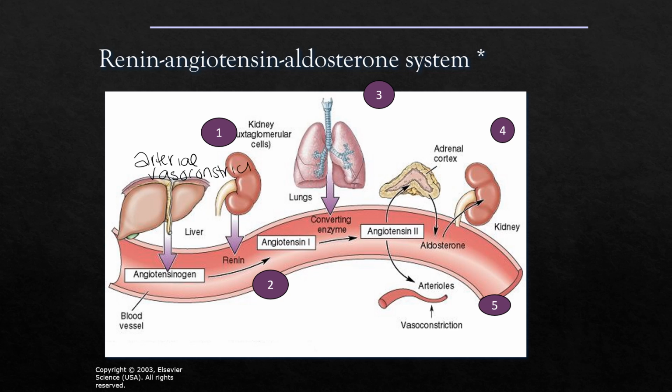That arterial vasoconstriction means there's going to be decreased blood flow going into the kidney, or decreased GFR. As a result, renin gets released, and that renin is now able to convert angiotensinogen coming from the liver into angiotensin 1. The lungs release ACE, the angiotensin converting enzyme, and ACE will now convert angiotensin 1 into angiotensin 2.